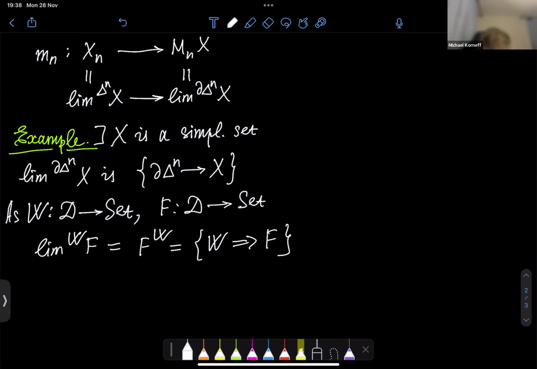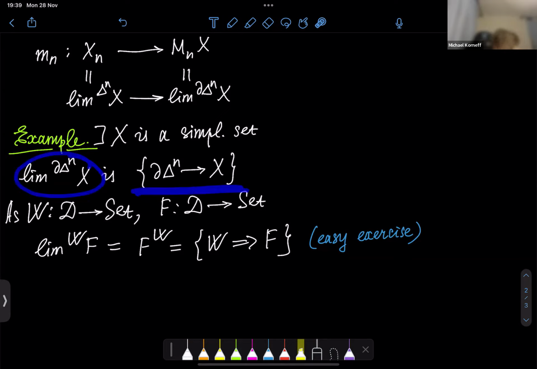It's an easy exercise. Okay, and in this case, we see that this object is just the set of all maps between the boundary of the simplex and our simplicial set.